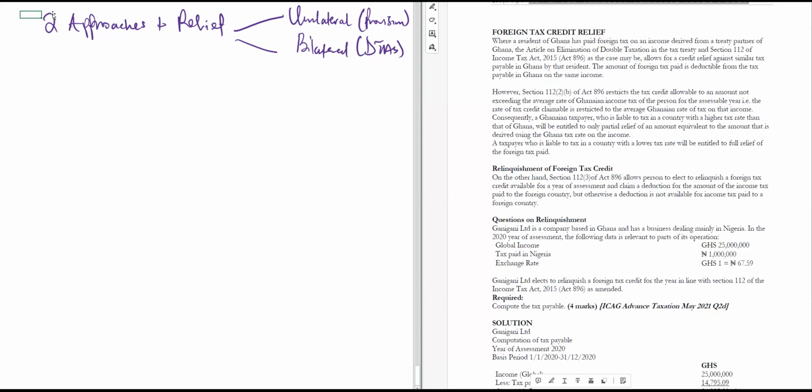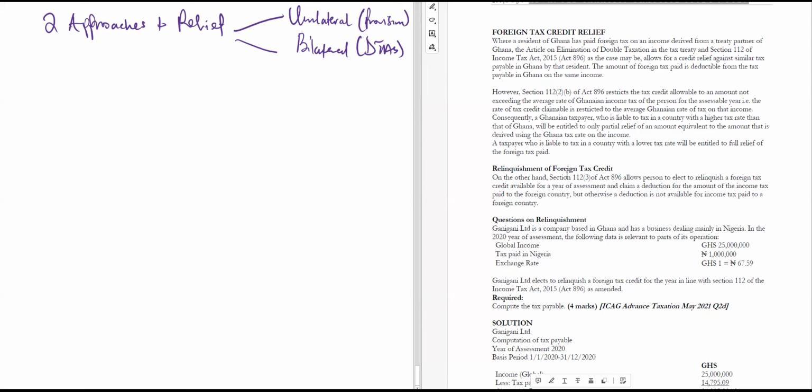But then we are saying that Section 112 restricts the amount of tax credits, are you getting it, to the average Ghanaian tax rate. You remember that last week I was telling you that anytime you want to claim a double taxation relief, it must not exceed your country's or the residence country's tax rate. Do you remember? We took some slight examples.